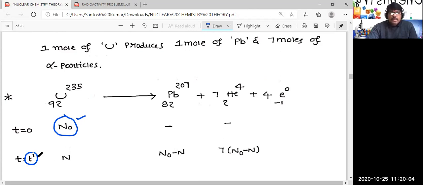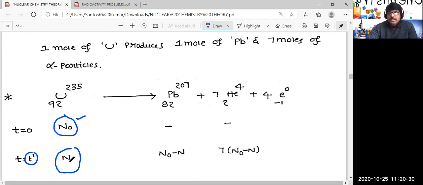So that study revealed that N number of uranium 235 isotopes are present. Actually, in the beginning, how many were there? N naught. And after t prime time, N number of uranium 235 isotopes are remaining. And what is the difference?